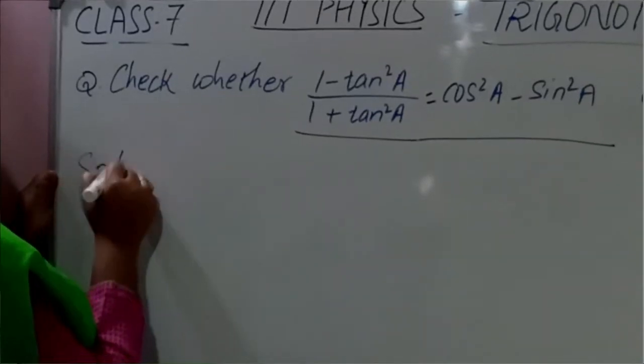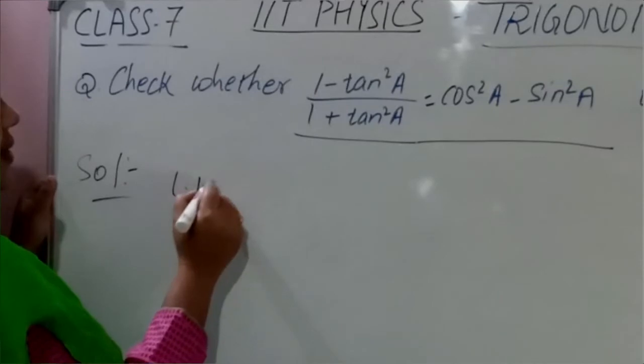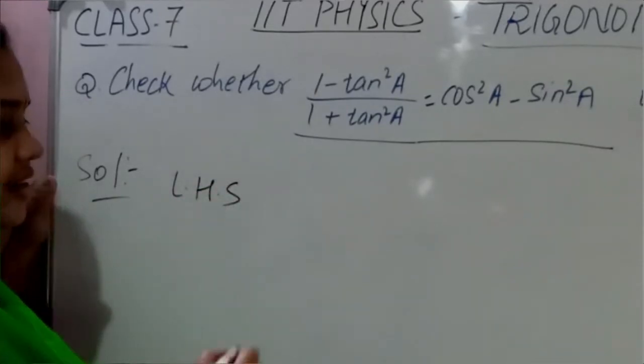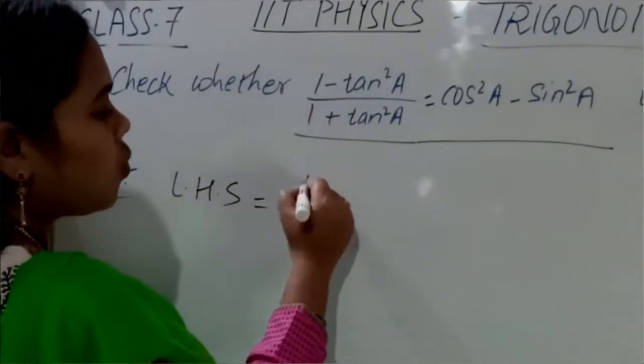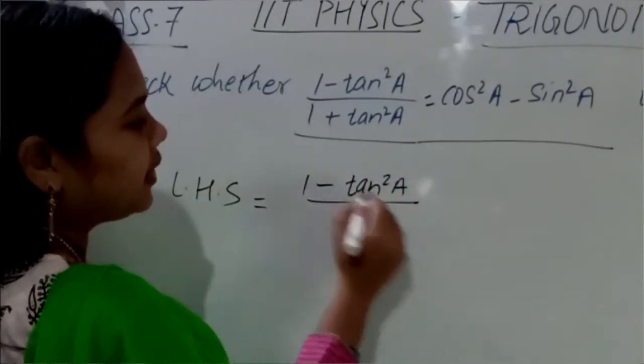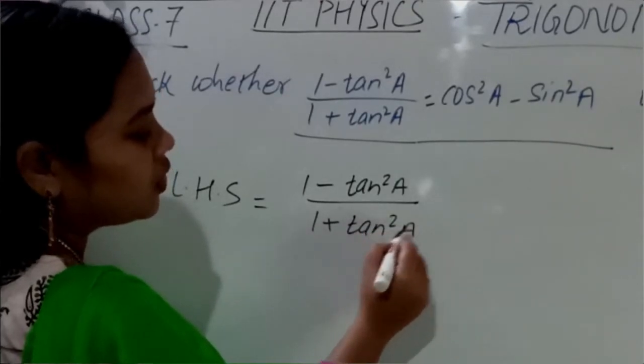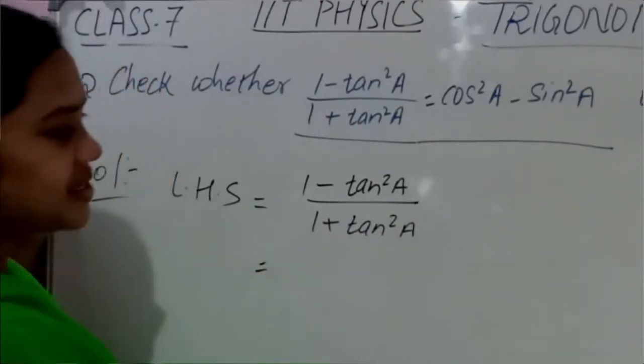So solution: what is LHS? LHS, left hand side, what is given? LHS is 1 minus tan square a by 1 plus tan square a.